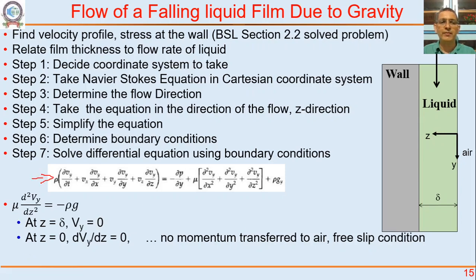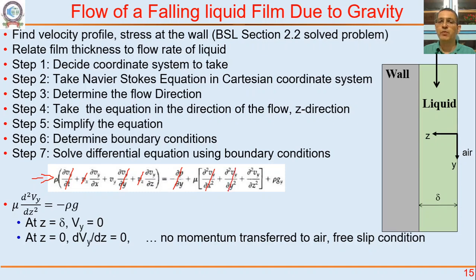Let's simplify. Steady state. Vx is 0, Vz is 0. By continuity, del Vy by del y is 0. Flow is fully developed. Flow is by gravity. There is no pressure gradient in the y direction. Pressure everywhere is atmospheric. Vy does not vary with x.